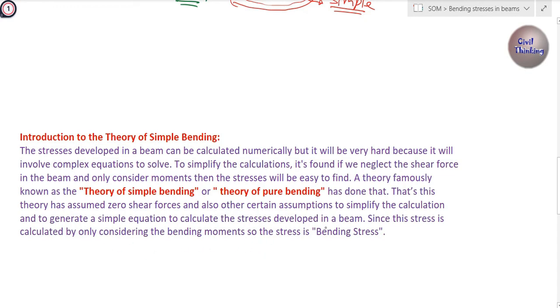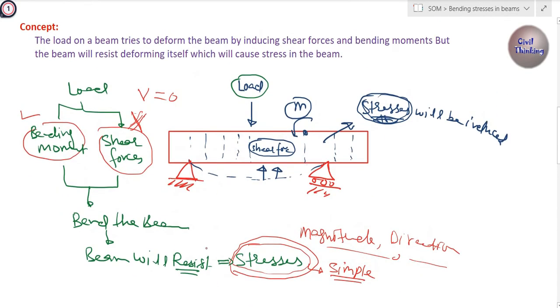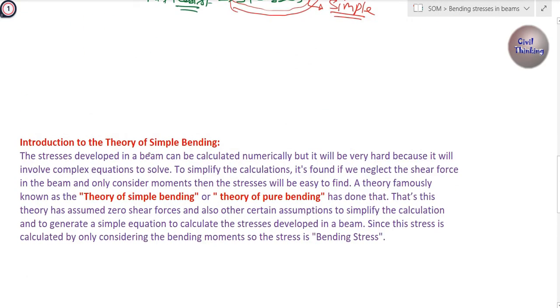And generate a simple equation. I have told you everything what is written here. So that comes the concept of theory of simple bending. It is a theory. There are assumptions that the shear force is zero, and also there are few other certain assumptions which we will see in the next class.